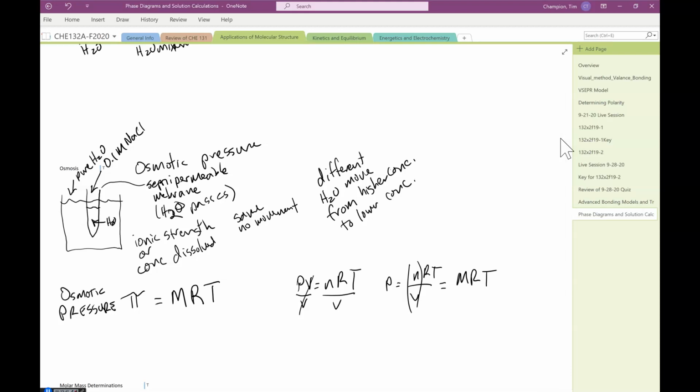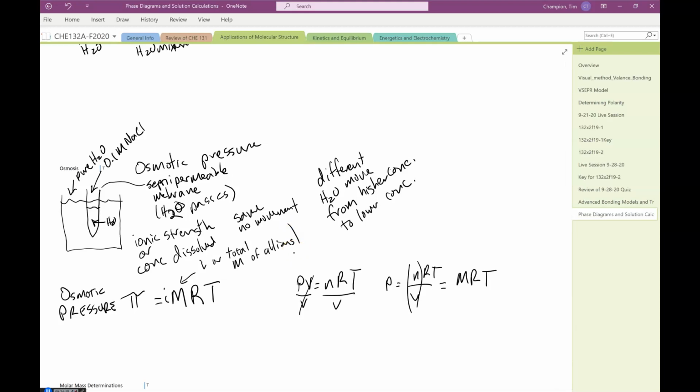And I would say that we have to apply the van 't Hoff factor, or we have to be aware that this is the total. So we either use i, or we make sure we've got the total molarity of all ions. So if multiple ions are dissolved, we'd have to take that into account.